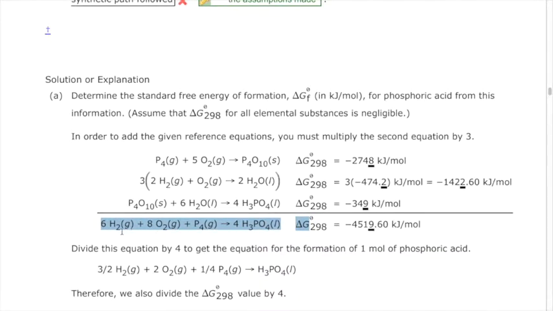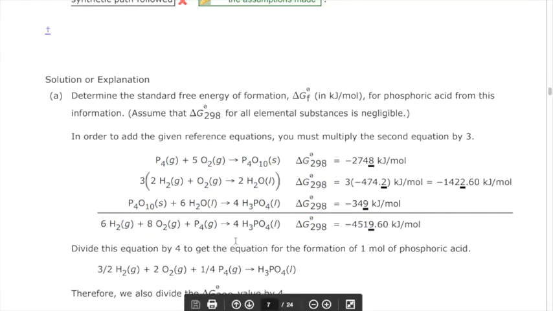But once you have this formation reaction, you can look at the component reactions and realize that to make these add up, as we've done with Hess's law, to have the correct products and reactants for your reaction, such that you can use these delta G values, you had to multiply this middle reaction by 3 because that gives you the 6H2 that you need here, for instance.